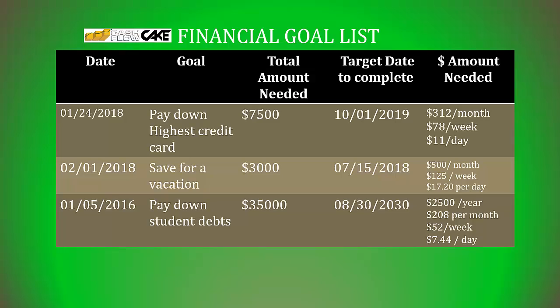Somebody might look at that and say, wow, $52 a week, I could actually do more than that. And in essence, what they would be doing is getting that principal paid down faster, which reduces the interest on the loan.